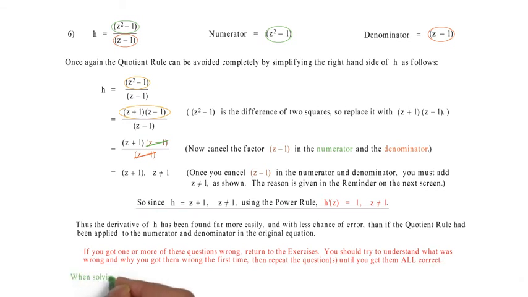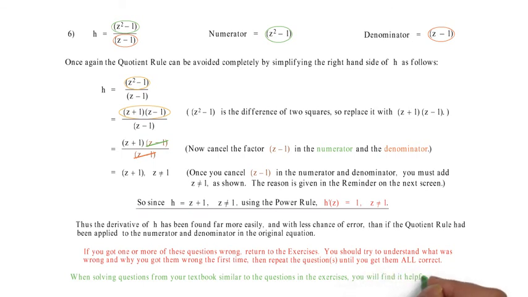When solving questions from your textbook similar to the questions in the exercises, you will find it helpful to have the solution screen displayed so you can use it as a template. You should then find this topic simple and beautiful.